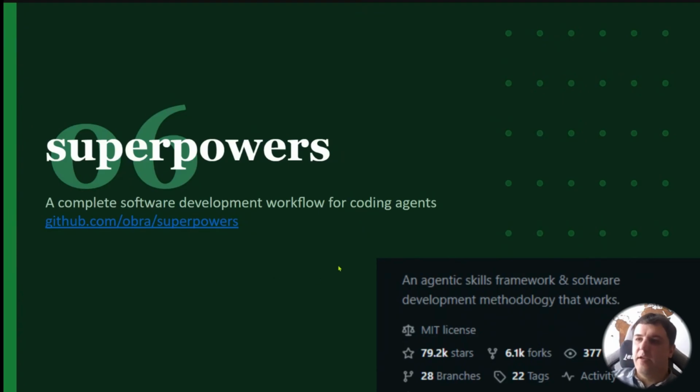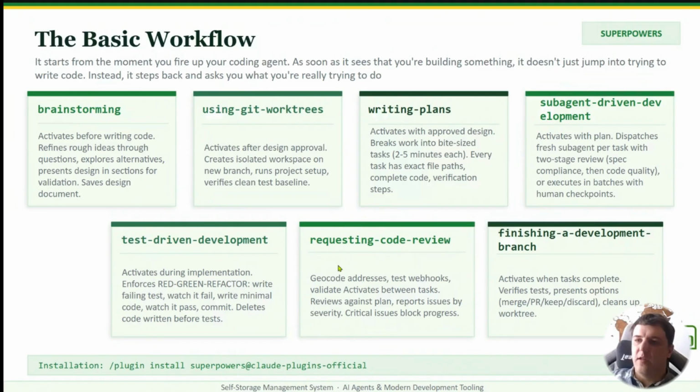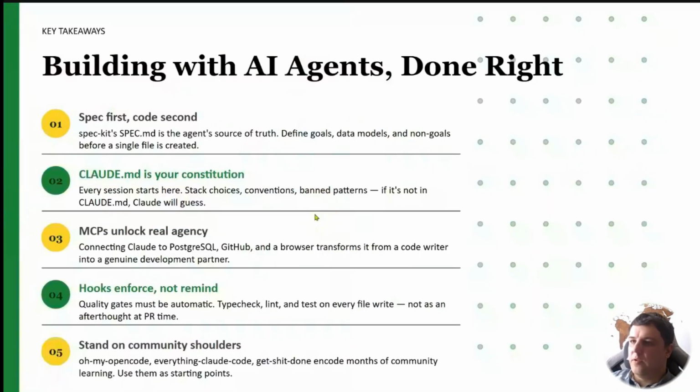It's basically a plugin, but when you install it, it has different workflows. You could brainstorm with it, then create a plan, then the sub-agents develop, then it will run the tests and finish the development. So it's a really cool one when you just need to check your idea very fast. You just install one plugin, talk with it, brainstorm, and implement the project.